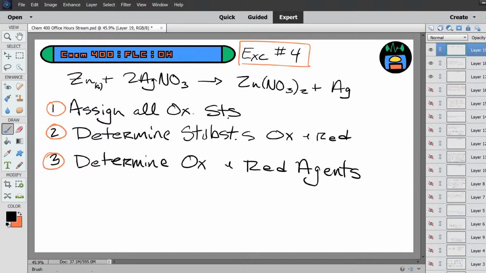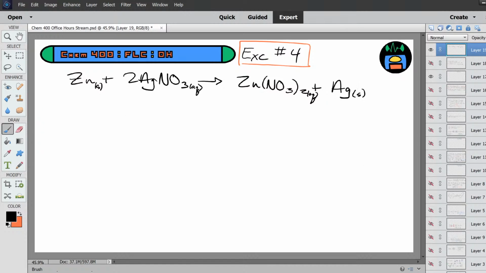And this is solid zinc. This is aqueous. This is aqueous. And that is solid. Okay, so first off, we need to assign all of our oxidation states.